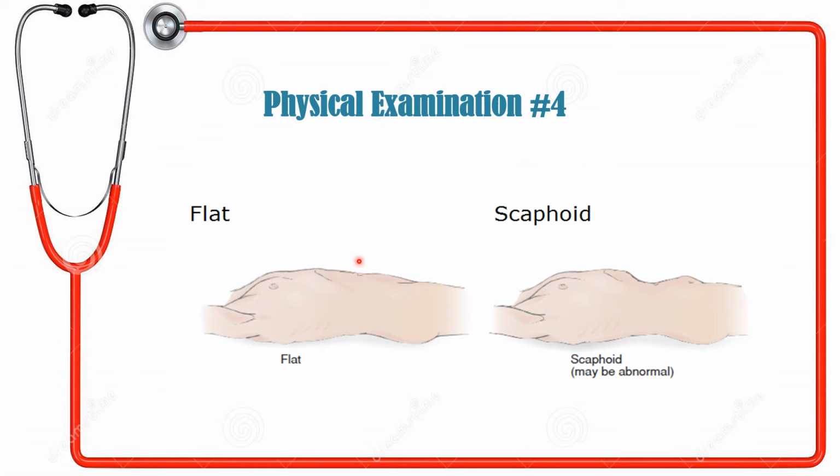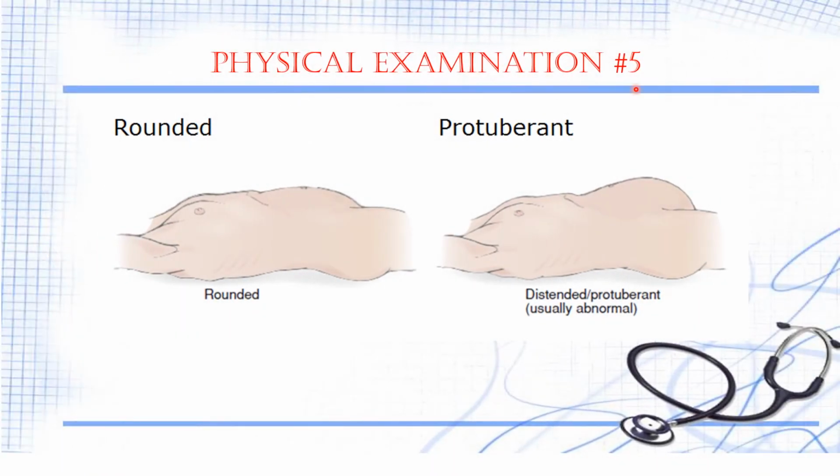Okay, so those are the common findings. You have to check for the contour of the abdomen. Is the abdomen flat, rounded, protuberant, or scaphoid? A markedly concave or hollowed abdomen may be abnormal. Another is a rounded abdomen.